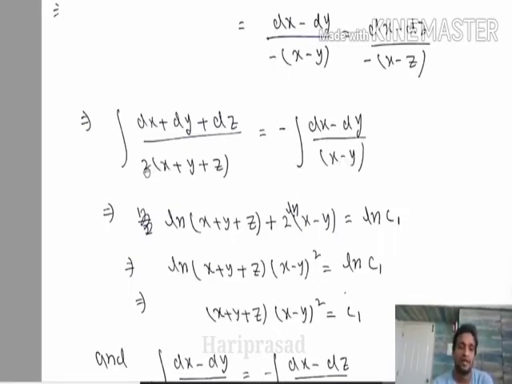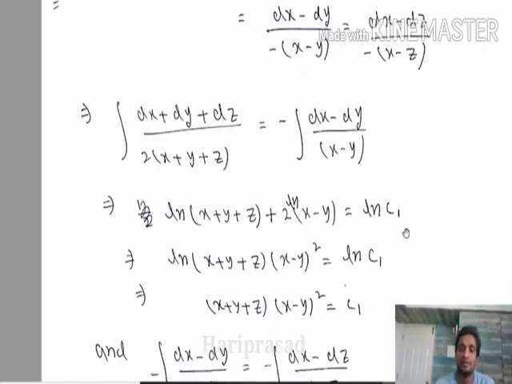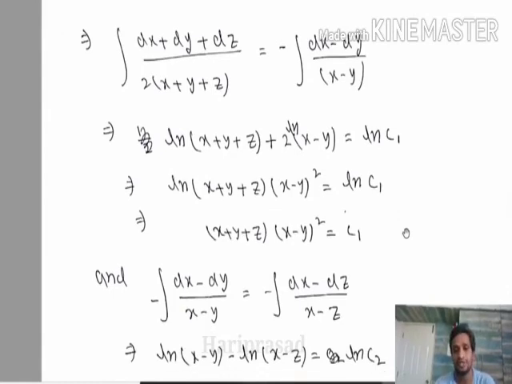So I am bringing 2 to this side. Then the integration of dt by t is ln of t. So ln of x plus y plus z plus 2 into ln of x minus y, because I am cross multiplying 2 to here, is equal to ln of c1. I am taking c1 because one more constant we are going to get here.